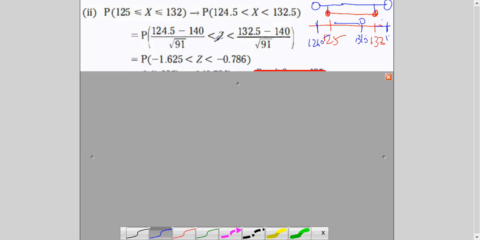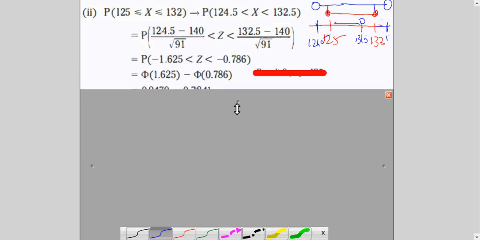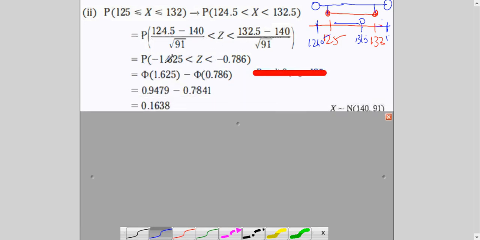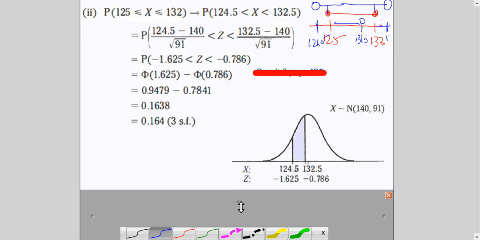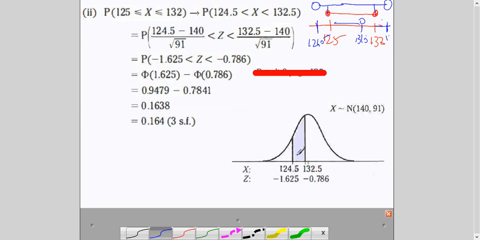Change x into z, and both are negative, which means I have to calculate this area, right? I told you in the previous videos, especially in video 2, how to handle it if both are negative: you use the symmetry concept.